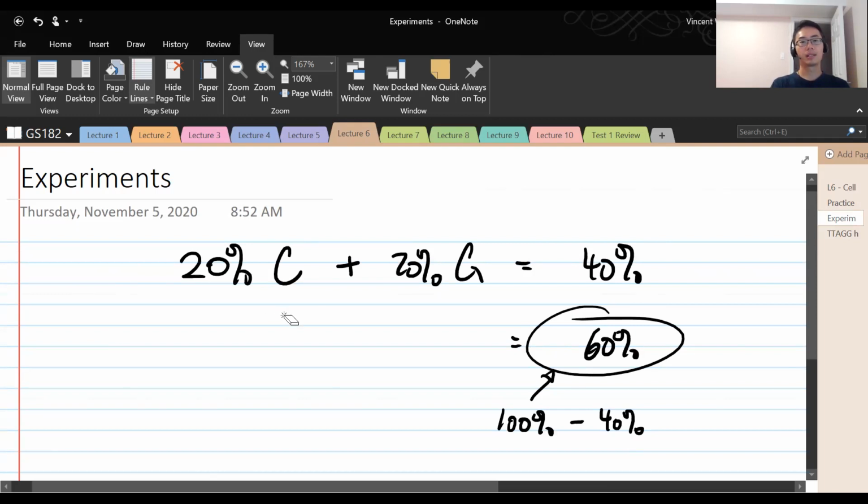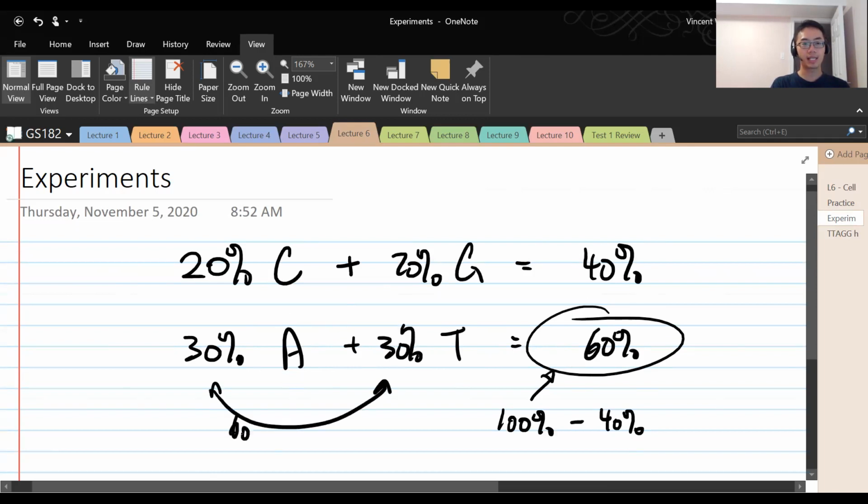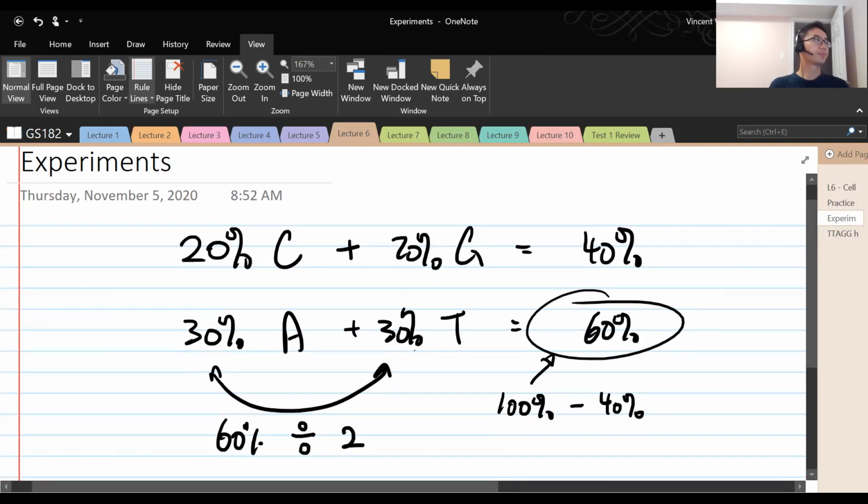The remaining nucleotides are T and A. Because A and T are the same, we would take 60 and divide by 2, which gives me 30 and 30. That's how you do it.